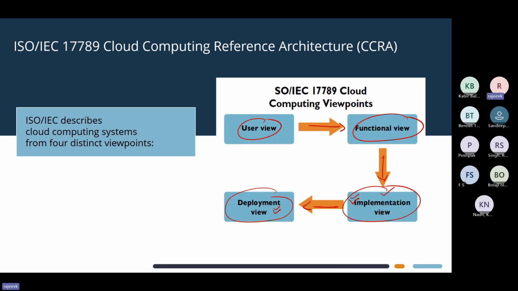So from the cloud computing reference architecture point of view, only the user view and functional view are going to be captured. Remember why we are capturing them: because this will help us translate the selection of the product, and based on that, you will be doing the implementation.